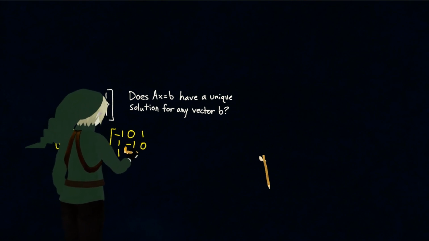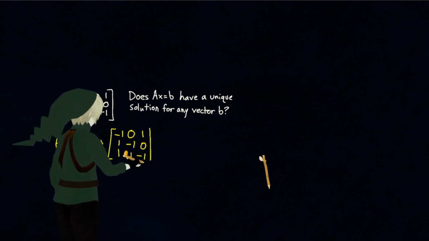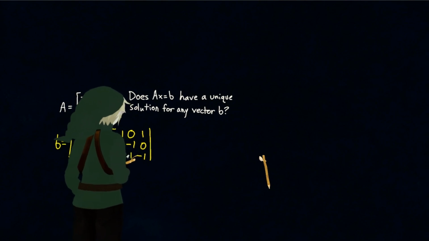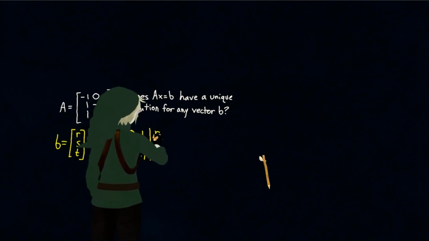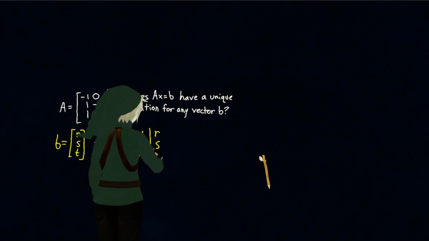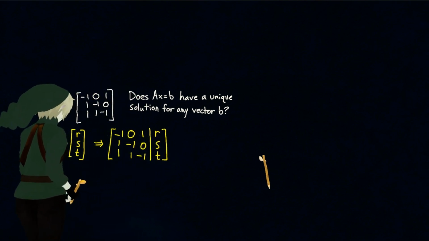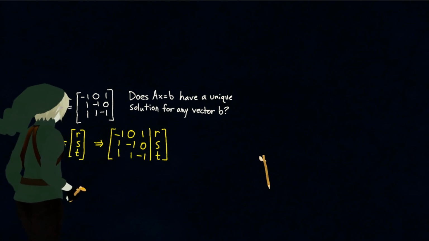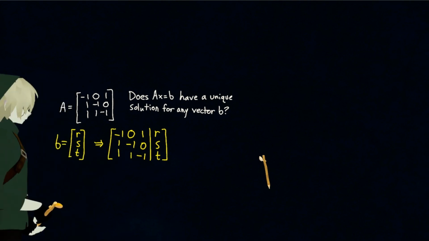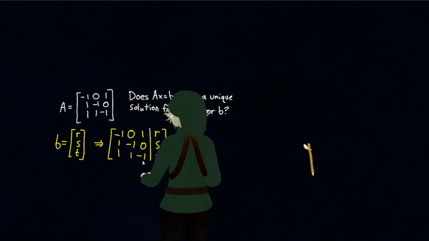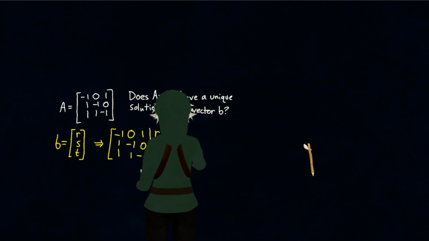We're treating this as our coefficient matrix. And for any vector b, it would be r, s, t. Okay? So now that we have our augmented matrix like this, what we do is just like the usual, we compute the RREF.